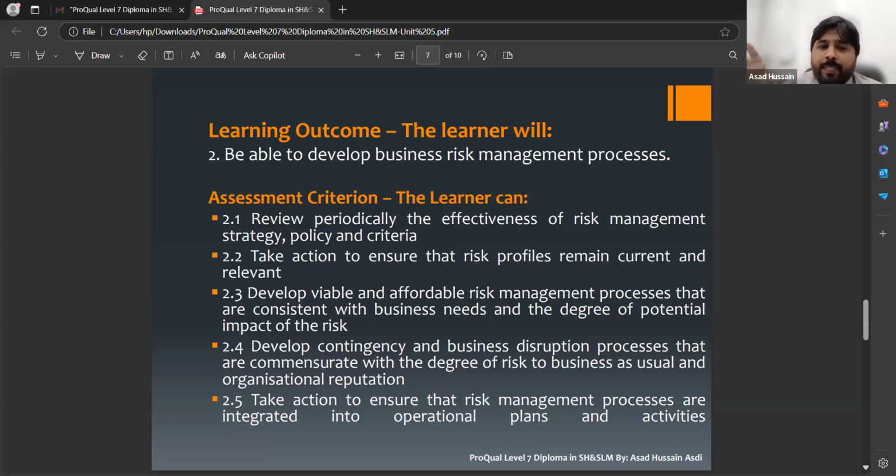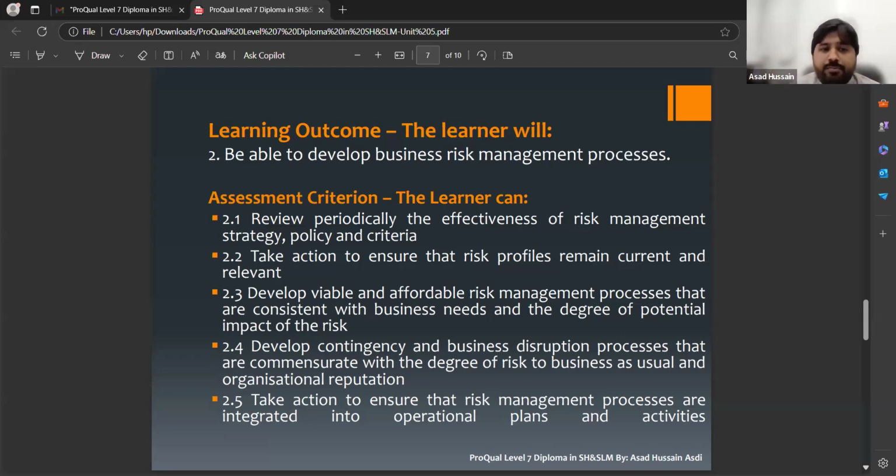So that's why the organization and the top management actually should develop contingencies and business disruption processes, because it is much necessary, or you can say vital, for business continuity.